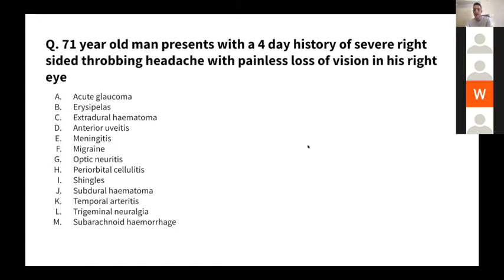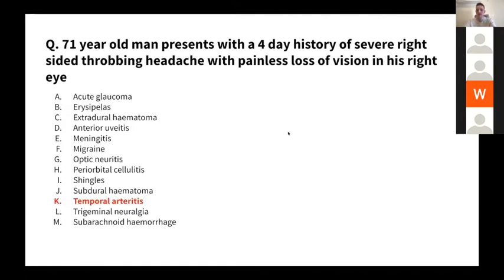Does anyone have answers for this one? I'm not getting any answers at all. Is this one a bit hard? Getting a few. There we go. Yes, excellent.